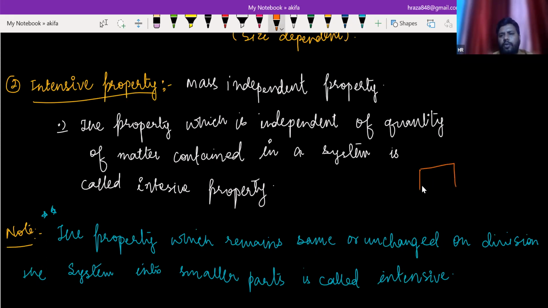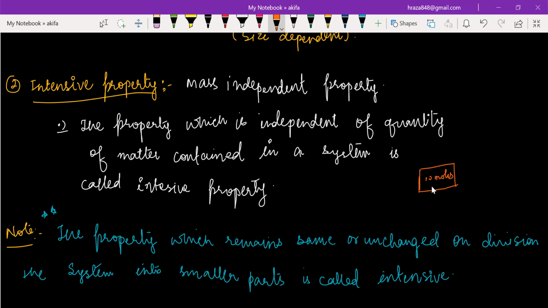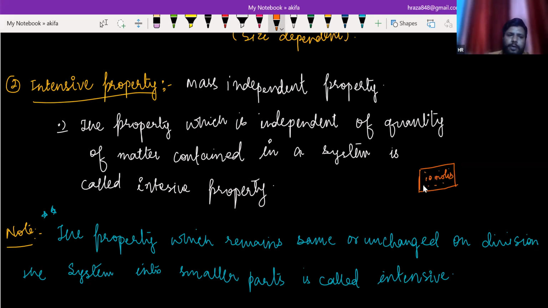If you have 10 moles in this container, are you getting my point? Am I audible to you? In this container, 10 moles are present all over, and if you divide it exactly into two equal halves, half the moles will be here and half here, right? 5 and 5.